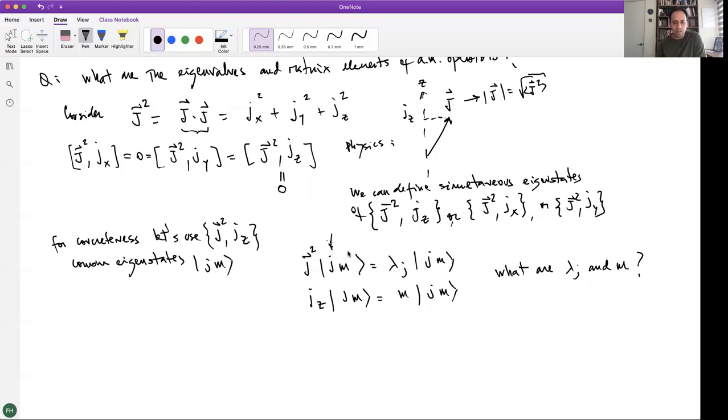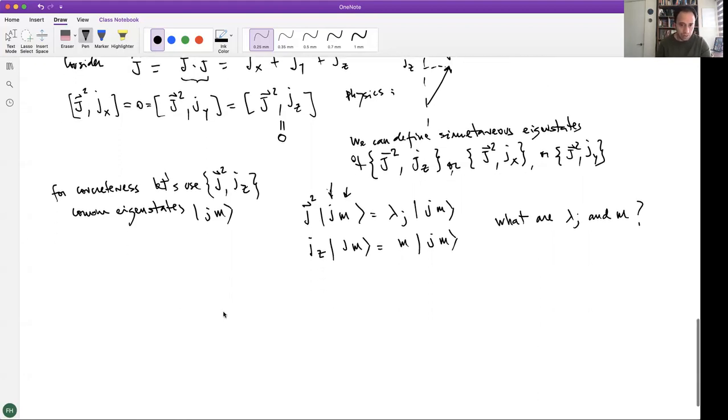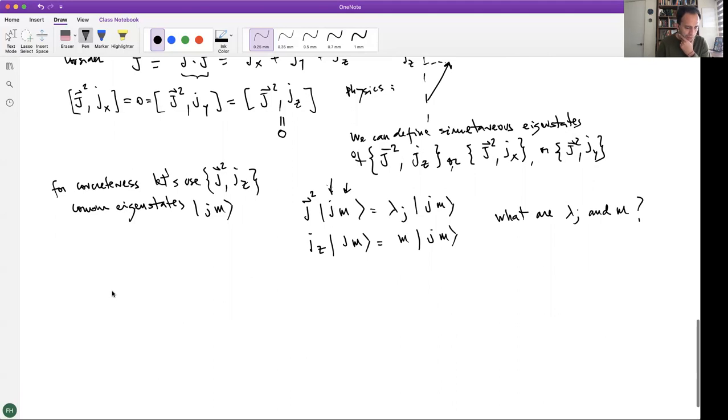We associate 2 labels for the common eigenvalues on the state. That's how we label these angular momentum states. So we have 2 equations for them. Now, what are the relations between these?